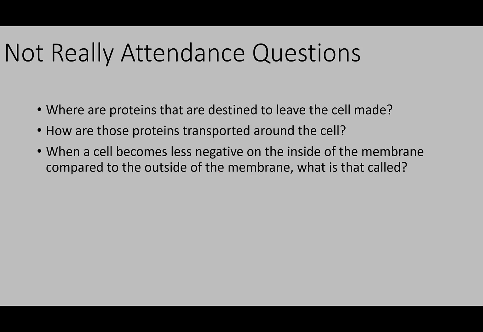Proteins that are going to be used inside the cell are made just on free-floating ribosomes that are loose in the cytoplasm. But proteins that are destined to leave the cell or become a part of the plasma membrane are made on the rough endoplasmic reticulum. It's still ribosomes that are making them, but those ribosomes are attached to the rough ER.